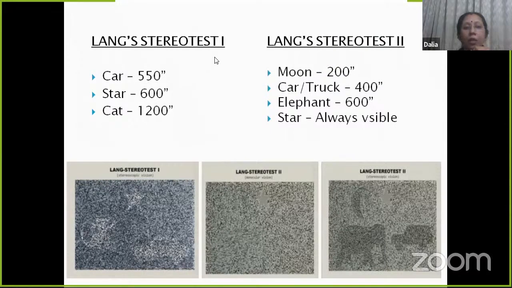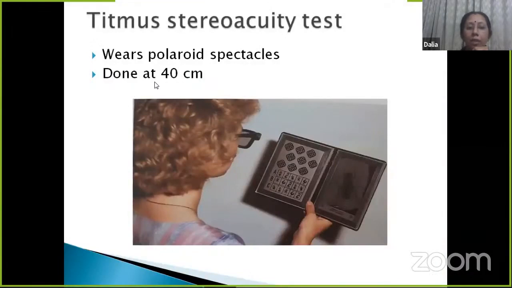You have the Lang stereo test 1 and Lang stereo test 2. In test 1, you have three objects visible, a car, a cat, and a star. Only patients with BSV will identify these. Depending upon which image the patient identifies, the stereo acuity can be graded from 1200 to 550. Actually, a patient with 550 has a better stereo acuity.